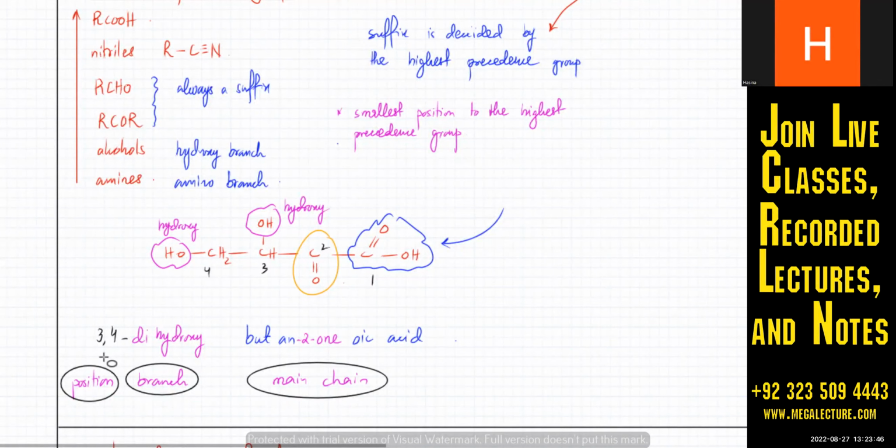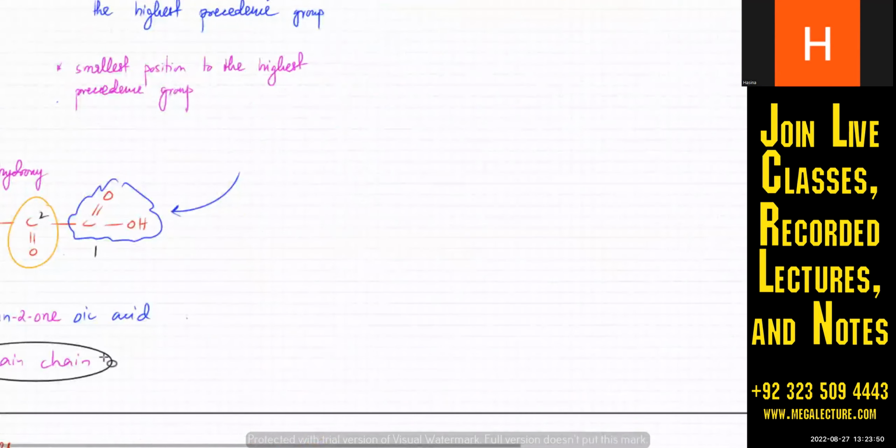Okay, sir. If I do another molecule, let's say, unless the name of the molecule depends on the alcohol. Like if I tell you to name this molecule, let's say it's got an alcohol and it's got an amine as well.